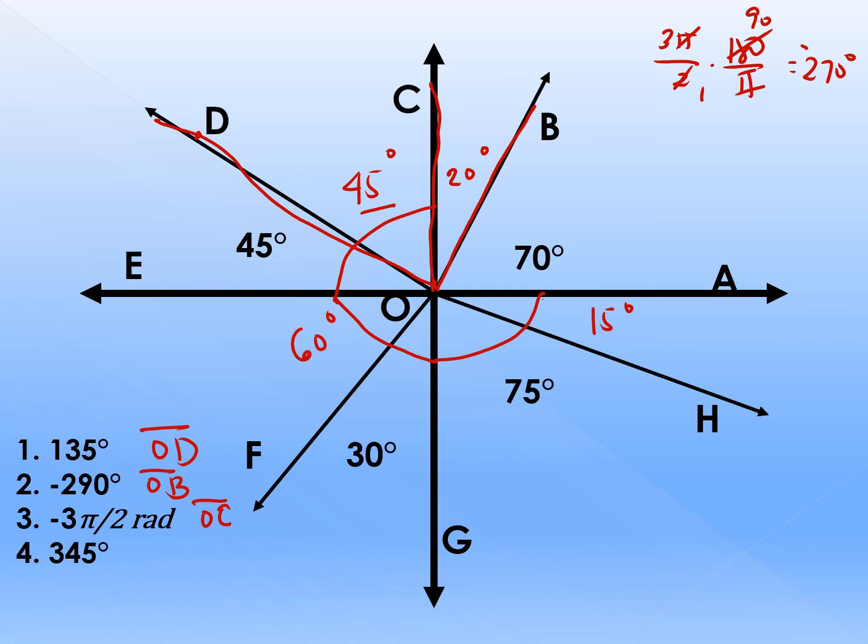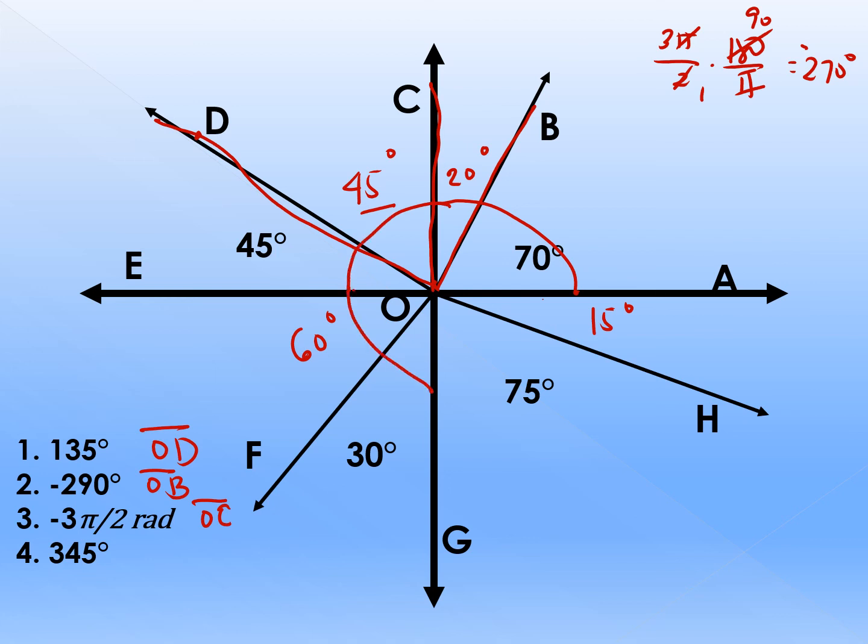Let's try number 4, 345 degrees. For 345 degrees, let's erase first this one. We're going to have counterclockwise since that is positive. So the rotation will be this one. 90 plus 90, we have 180.